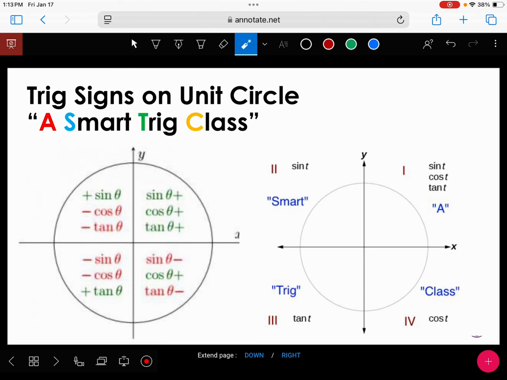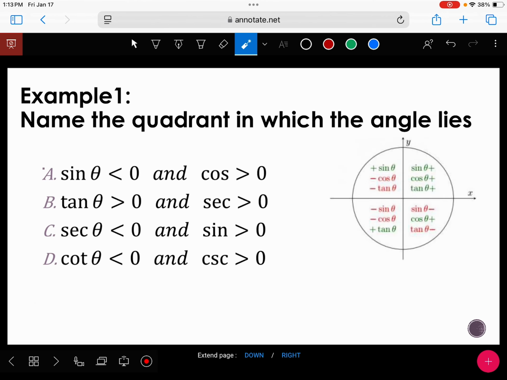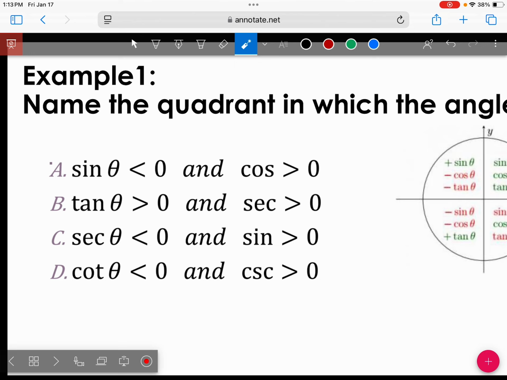So after you have that copied down, highlighted, I'm going to give you 4 examples that I want you to copy down. You do not need to put space in between. So you're going to just copy it down, 1, 2, 3, 4. And we're just going to find the number. So you're going to glue them both down. All right, so take a minute and copy. These are 4 different questions. And this is name the quadrant.